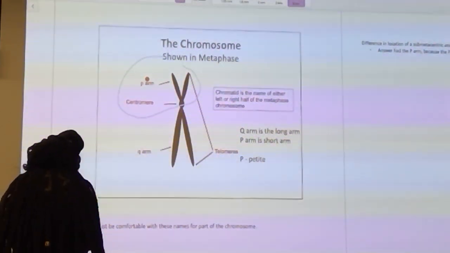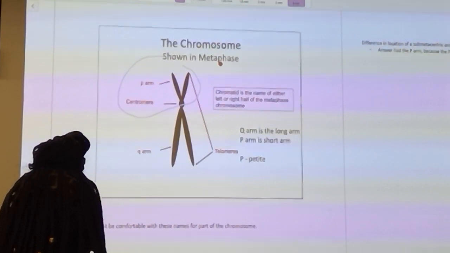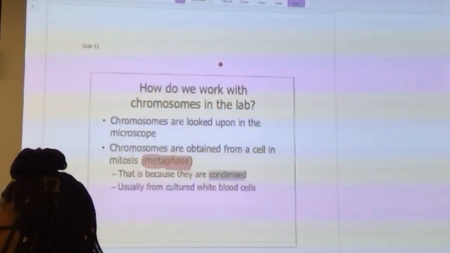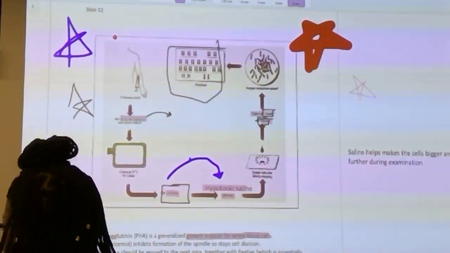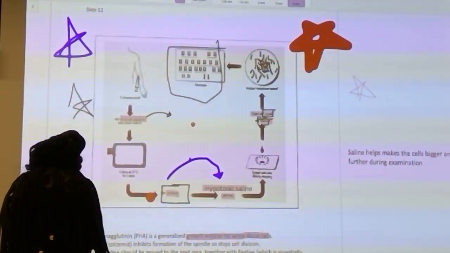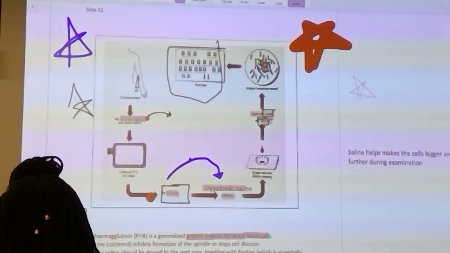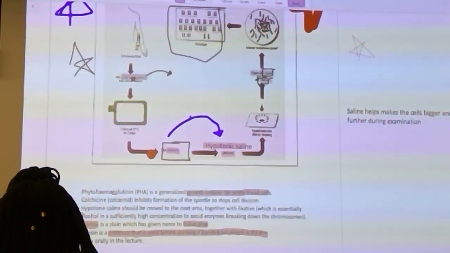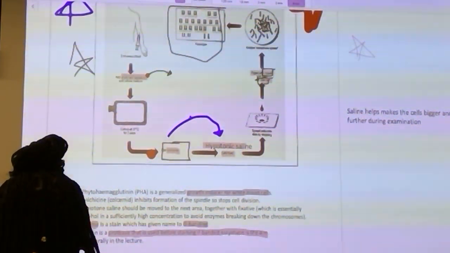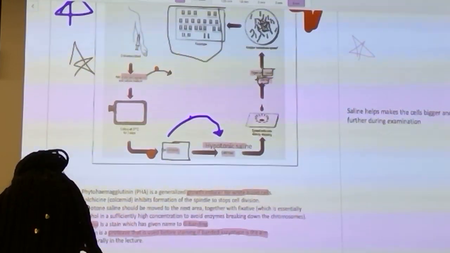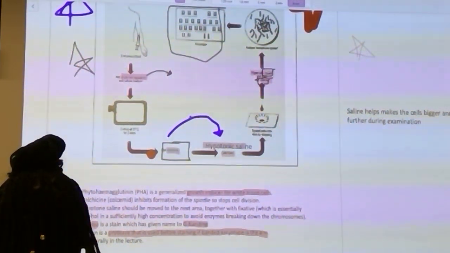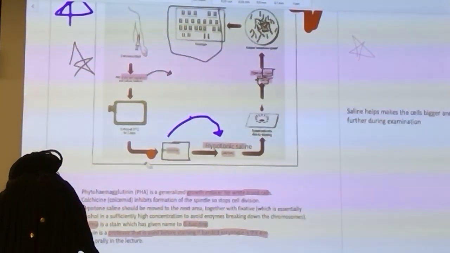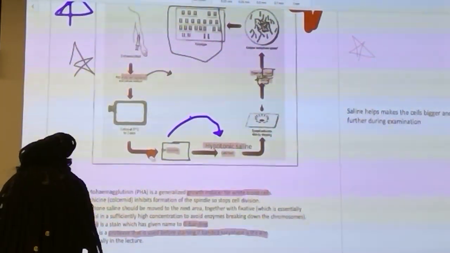Okay. The P arm is the petite arm. And just know the process of the karyotype. Know the order and know the function of everything you're adding. Phytohemagglutinin induces the cell cycle for your white blood cells. Colchicine causes your white blood cells to halt at metaphase.